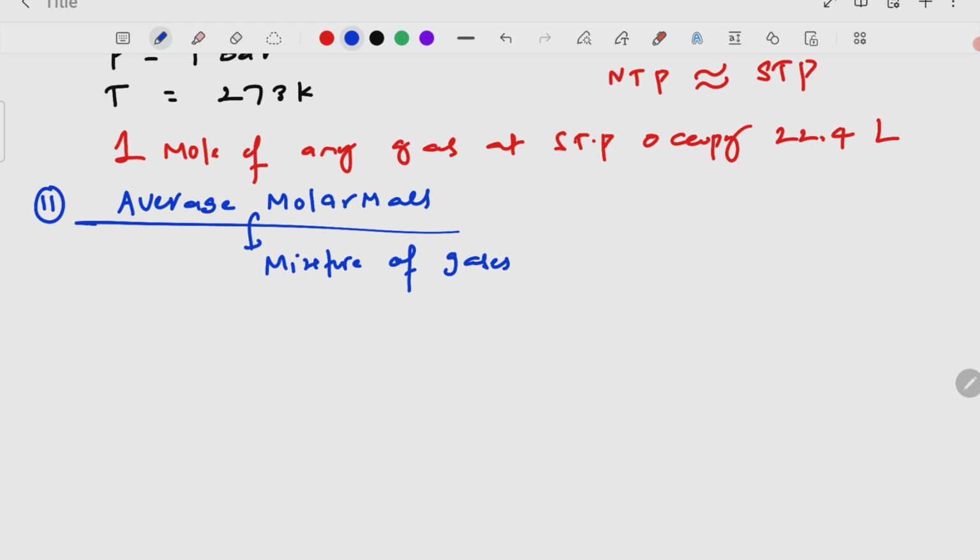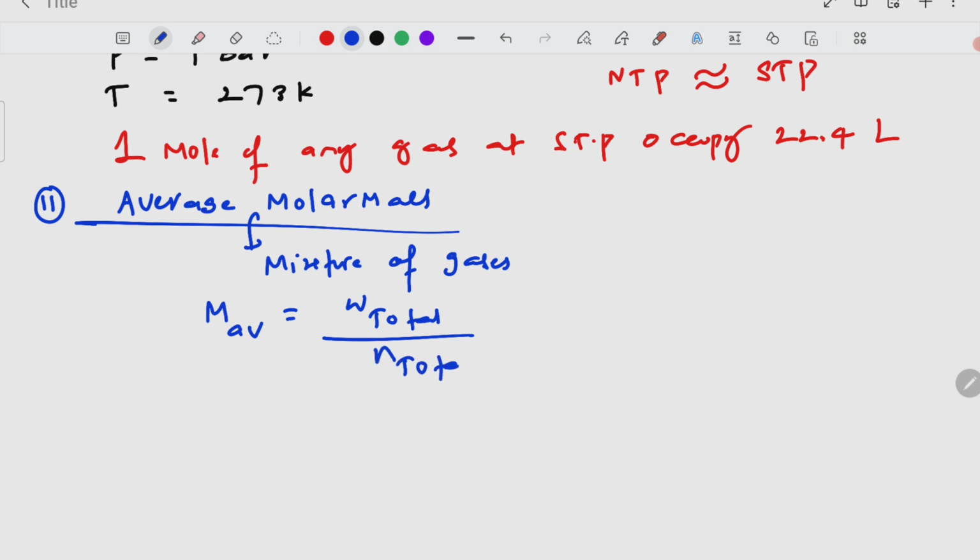If any mixture of gases is given and they ask to calculate average molar mass, then what do we do here? Average molar mass, M_av, is equal to total weight of all the gases divided by total moles, N total.